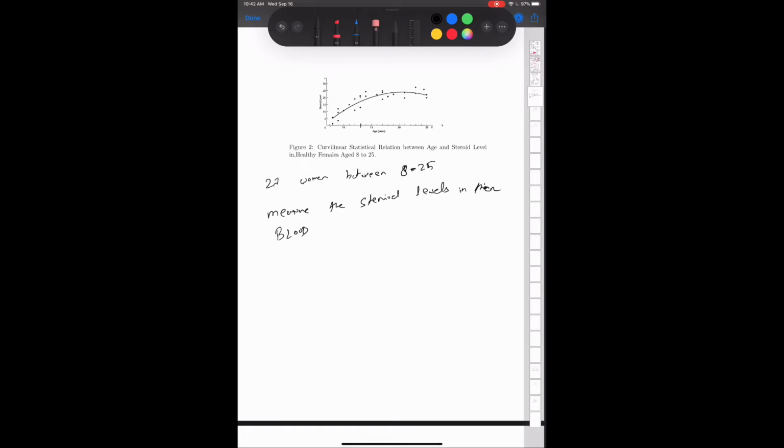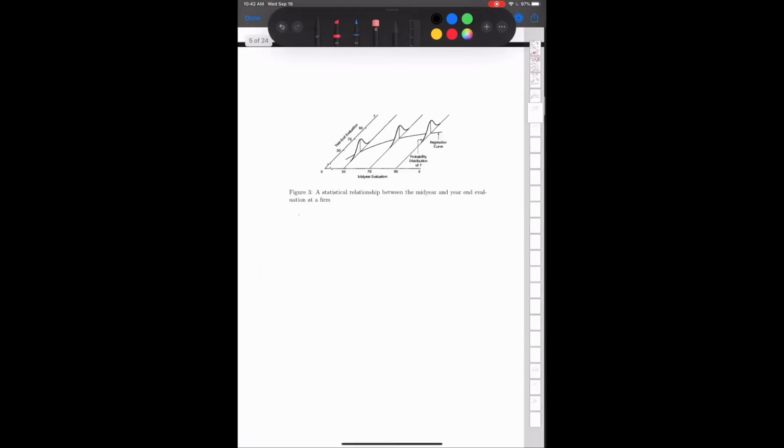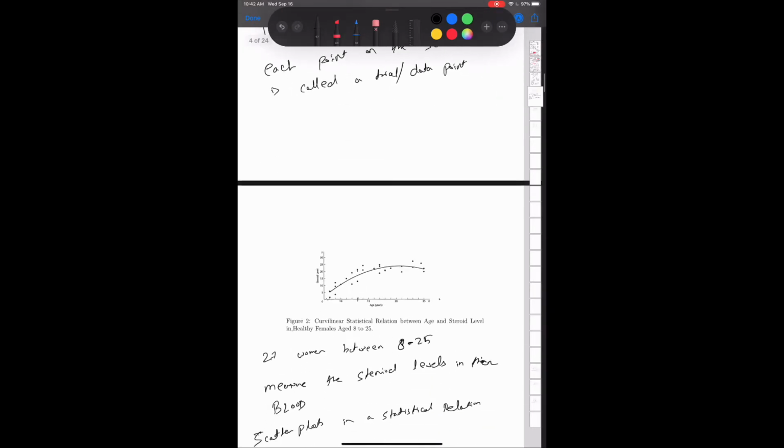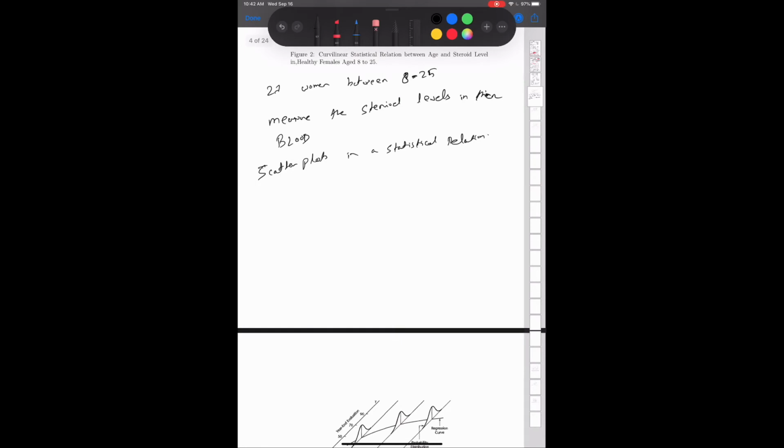The scatter plot in a statistical relationship does not fall on a curve.